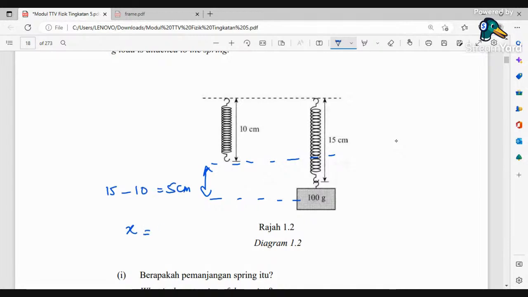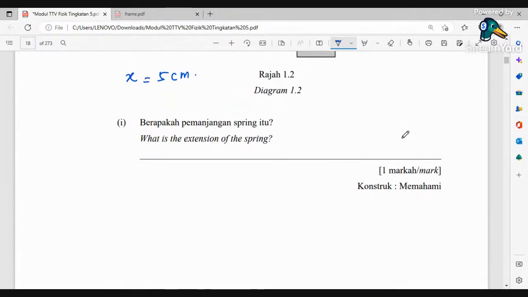So this 5 cm we denote as X. The question asks, what is the extension of the spring? So X equals 15 minus 10 cm.